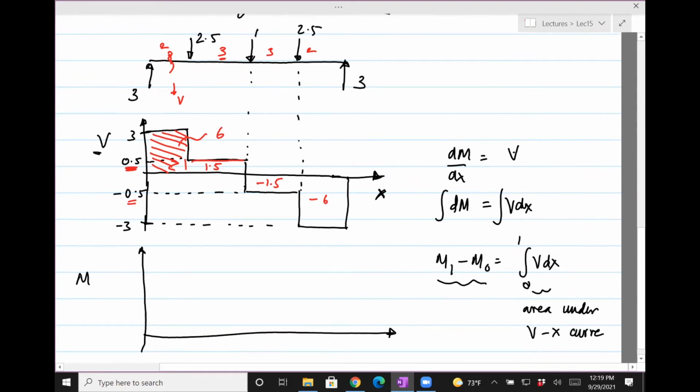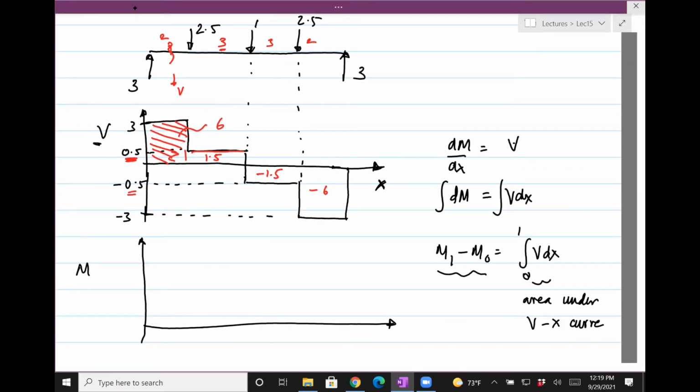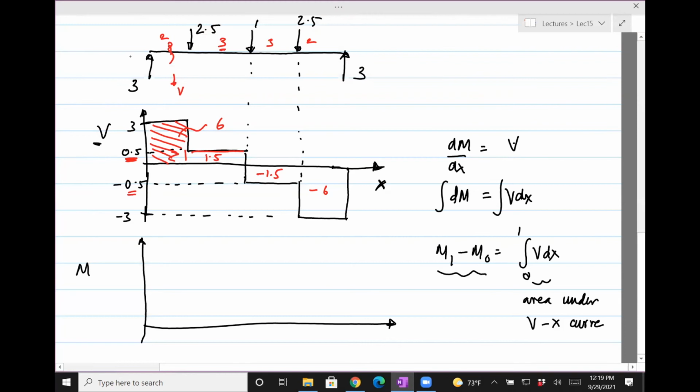Okay, so what we can do now is use this fact to find the bending moment diagram faster without actually using any equations. We only need to know the bending moment at one point, and then we can just keep using this. The bending moment here is 0, because you can see there's no bending moment there.